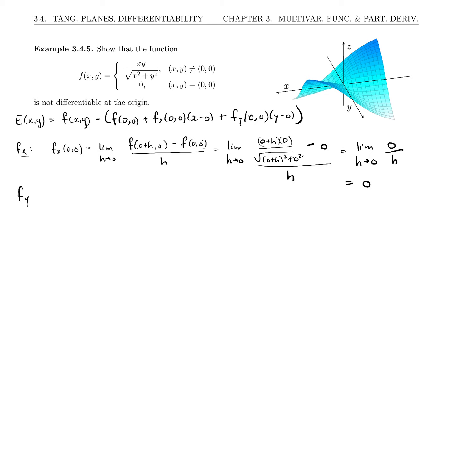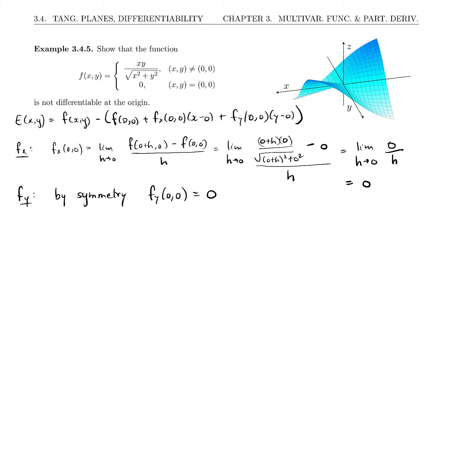And f sub y by symmetry, we see that expression is entirely symmetric in x and y, so the exact same calculation with the x's and y's interchanged would give us that f sub y of 0, 0 is also equal to 0. And that is what we had argued graphically because the function value does not change along the two axes.